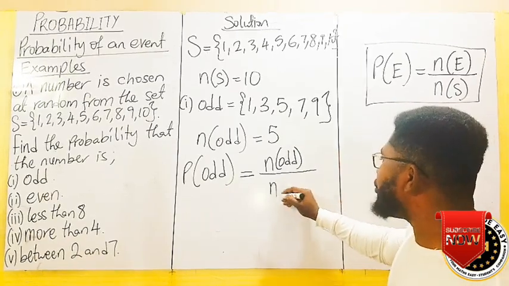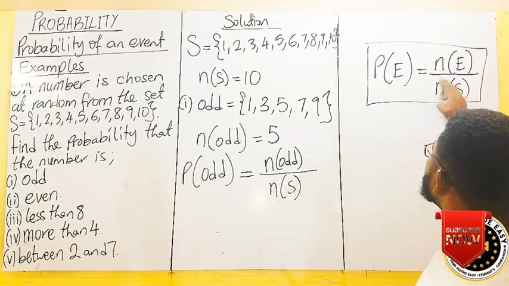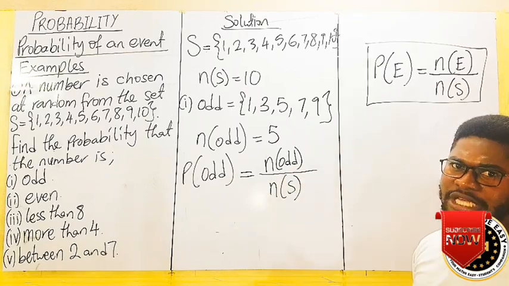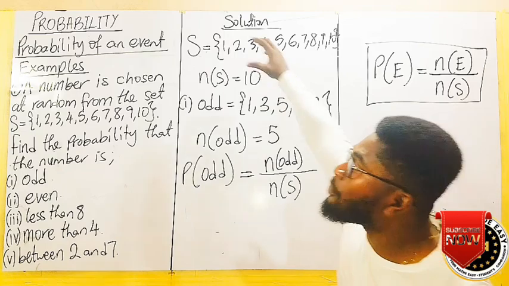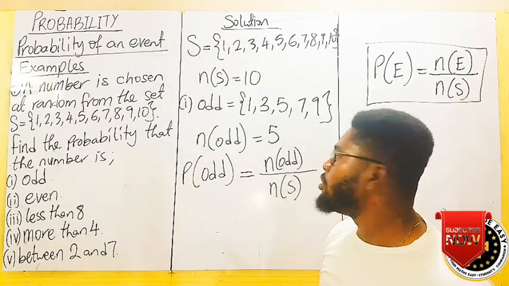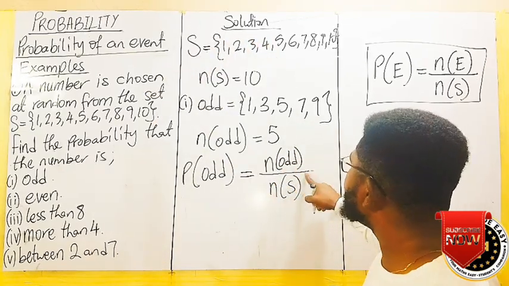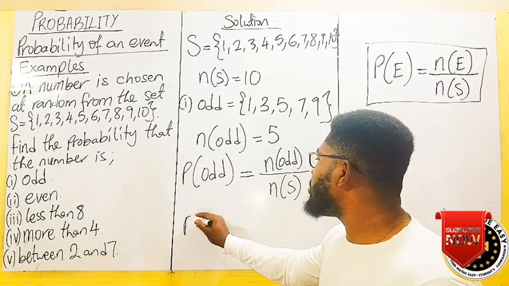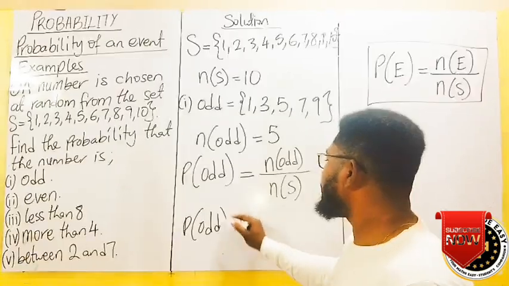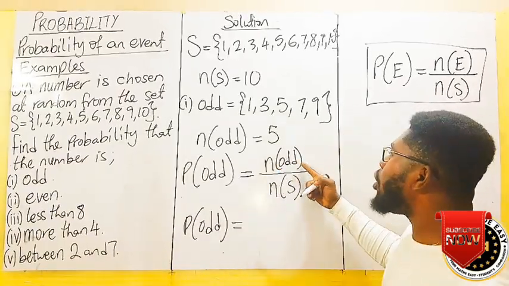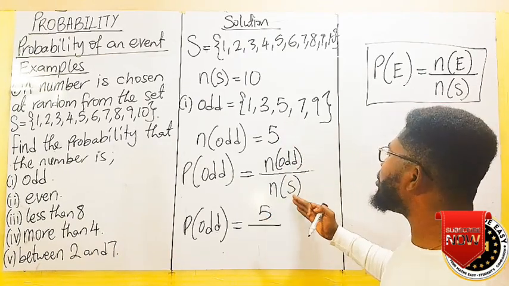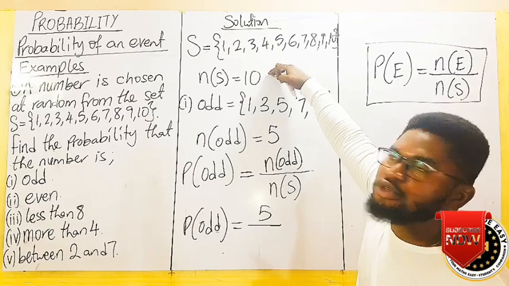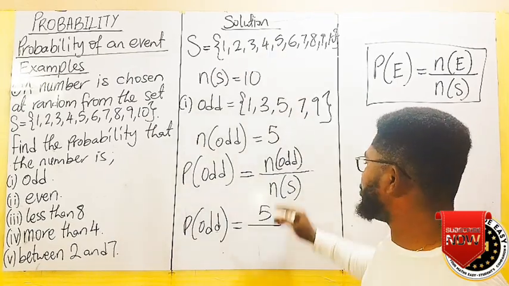And here will be the number of the sample space. Of course, the number of the sample space is still the same, because the sample space is 10. The sample space is like a constant for all the events we ask for. So let's do the substitution. Probability of odd: this time around, the number of odd is 5, right here. So 5 divided by the number of the sample space, which is 10.